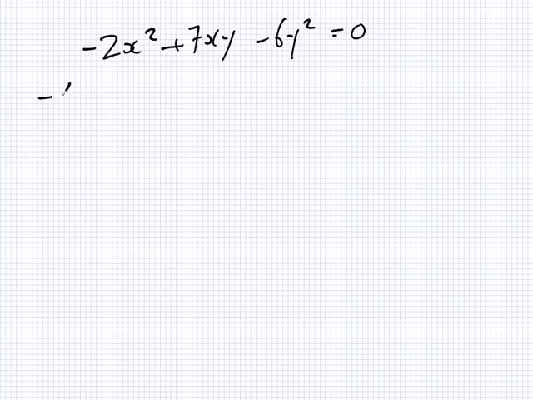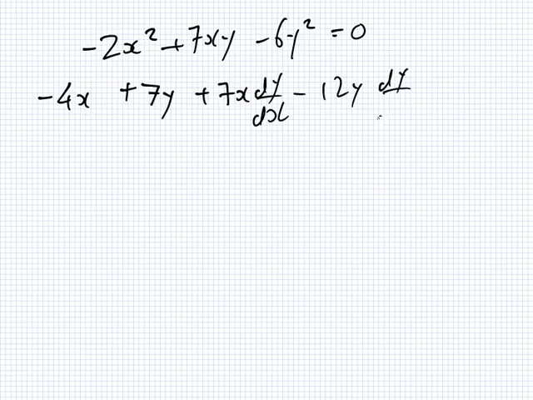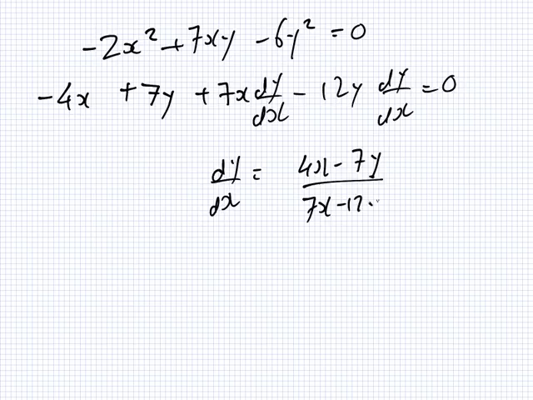Why is it so slow today? Must have done an update last night. Okay, so you're okay with this being minus 4x plus 7y plus 7x, yeah, minus 12y dy dx equals 0. So then you get dy dx equals 4x minus 7y over 7x minus 12y. So then you get dx dy equals 7x minus 12y over 4x minus 7y.